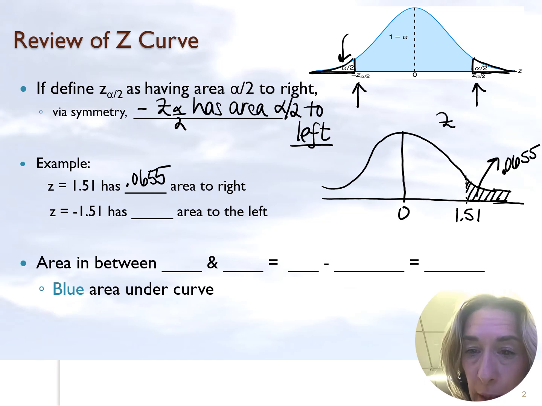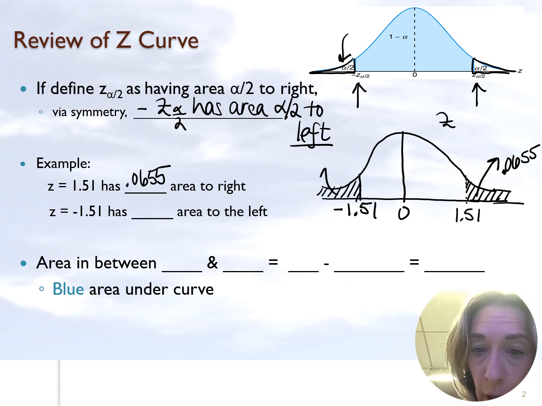By symmetry, we therefore know that the value of Z negative 1.51 has that same area of 0.0655 to the left.